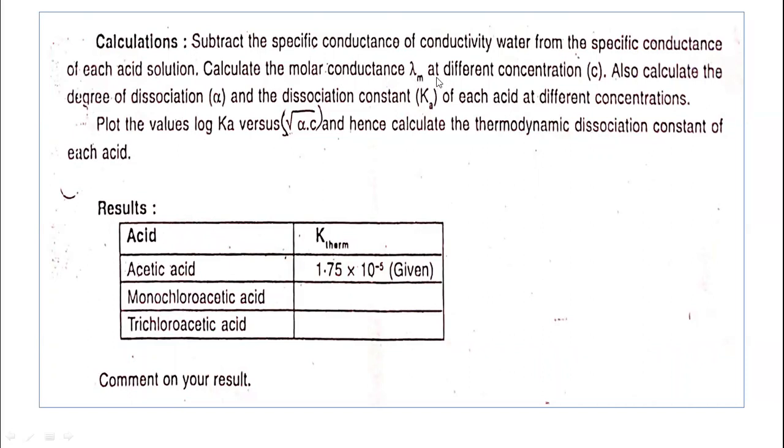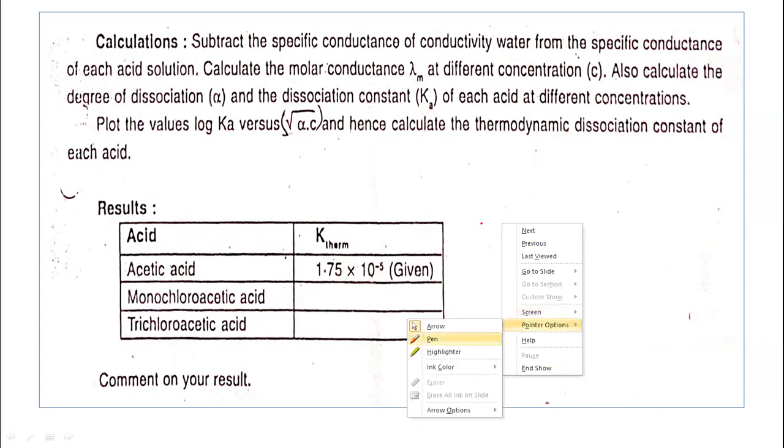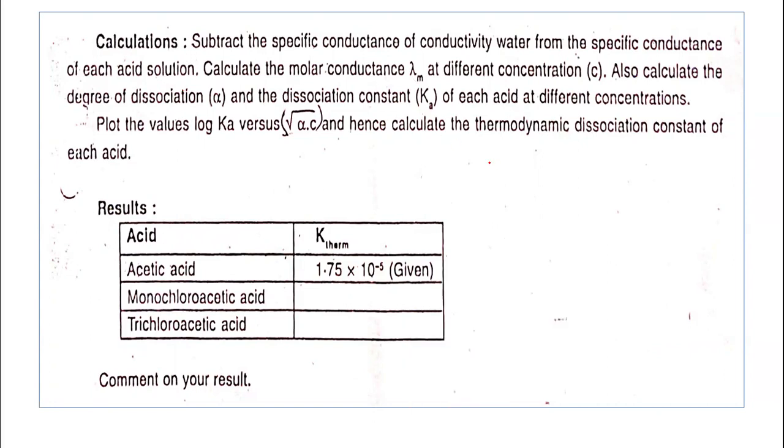Calculate the molar conductance at different concentrations. So we know which equation can be used to determine the molar conductance for each concentration. The molar conductance is equal to K into 1000 divided by concentration C. Once we calculate this lambda m value, the molar conductance at different concentrations, then we have to calculate the degree of dissociation.